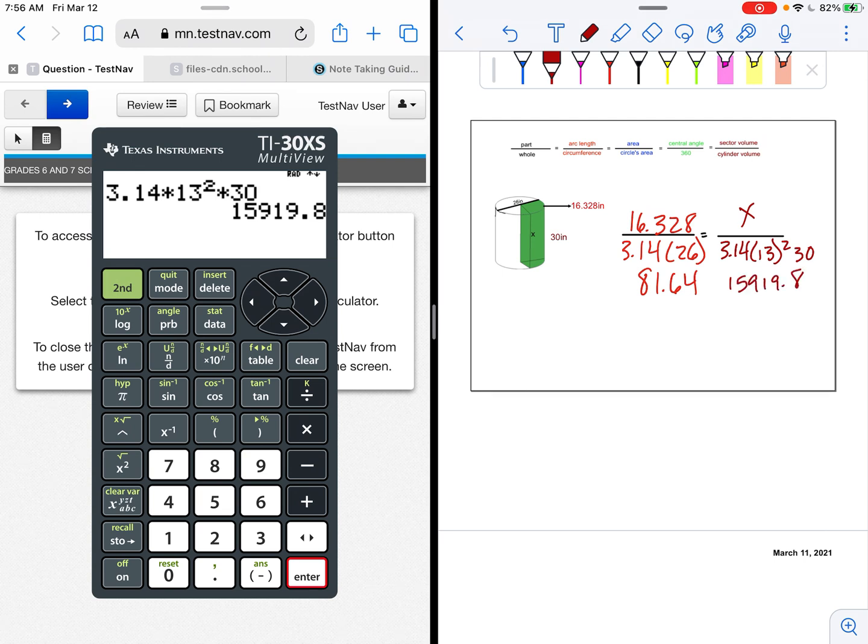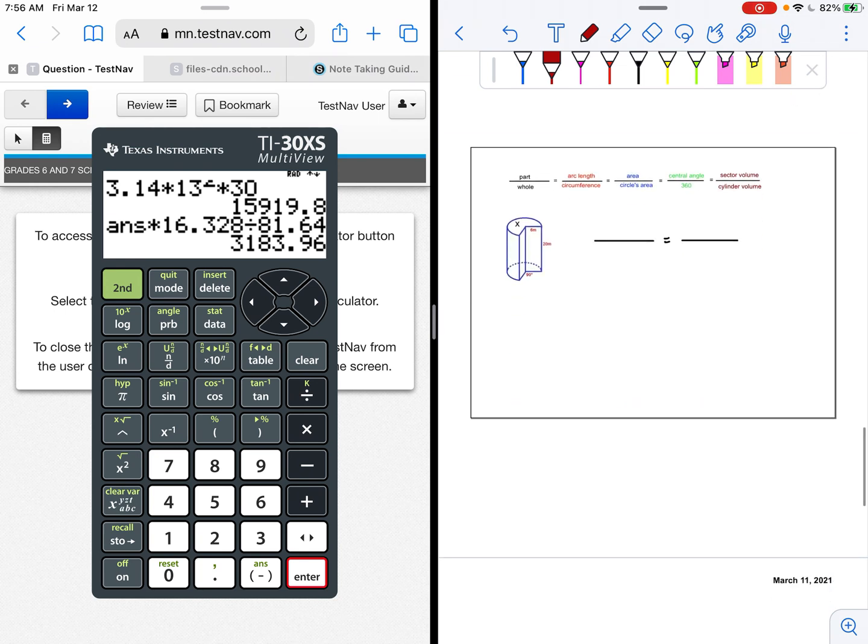And now I'm just going to go ahead and solve this using cross multiply, divide. So I'm going to say times 16.328 divided by 81.64. And so the volume of this particular sector is 3,183.96 inches cubed. Remember, it is volume, so it's cubed. Let's look at this one.